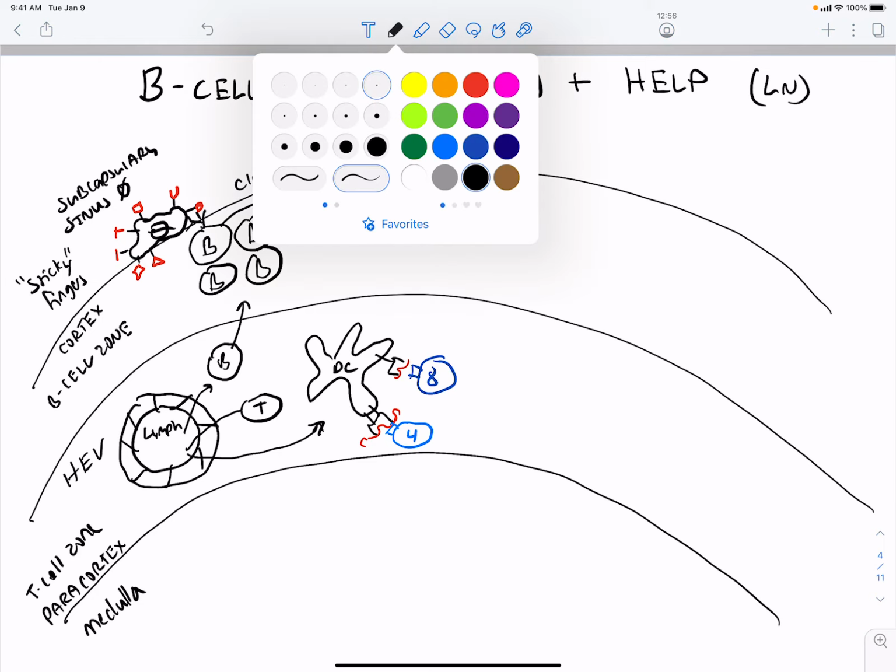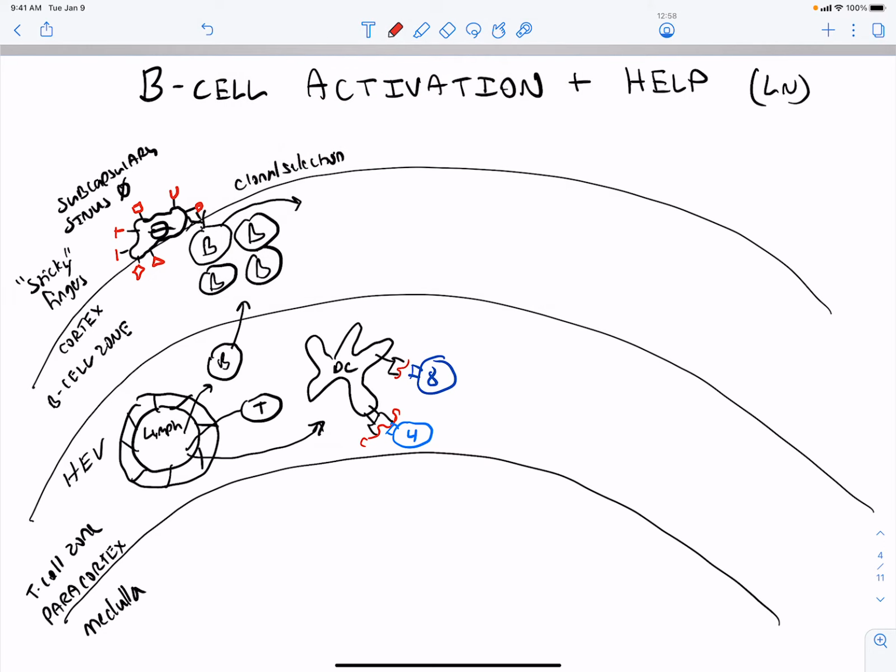So this B cell, I'm going to start drawing as a red one because that's the color of the antigen. So this B cell will proliferate. And the other thing this B cell will do is migrate to the junction between the T and B cell zones.